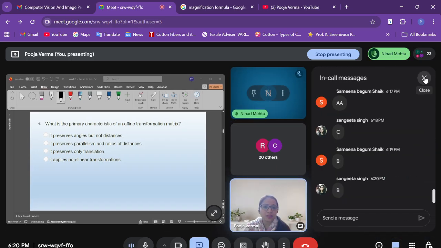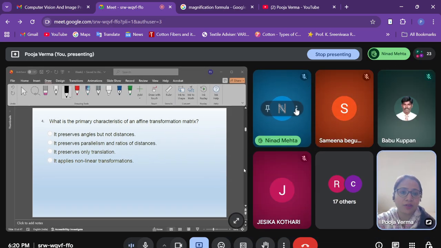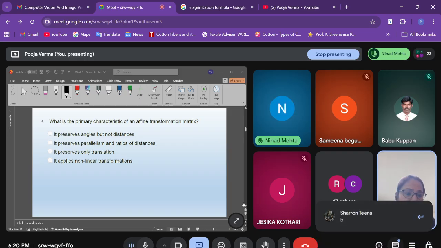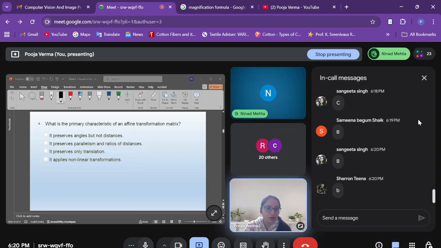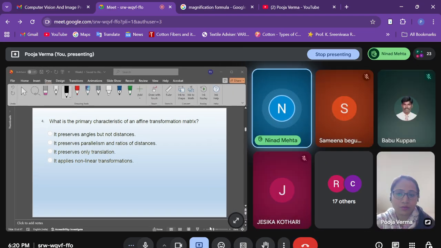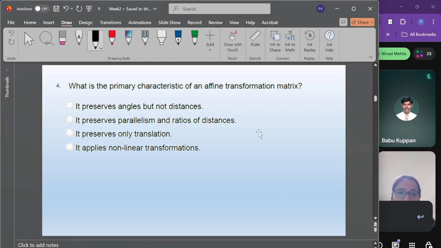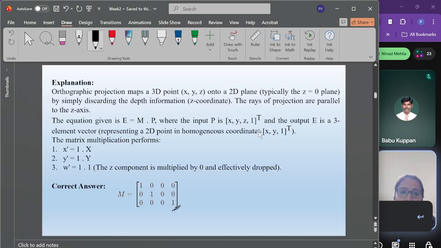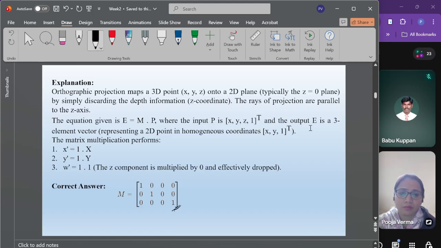Yeah, Ninad, you can unmute yourself and whatever you want to ask, you can ask. Otherwise, you can just use the chat box also. Hello. Ma'am, in the third question, in the explanation, the W component, is it because you are making it into homogeneous coordinates or because the Z is zero, because we are projecting for the 2D point?